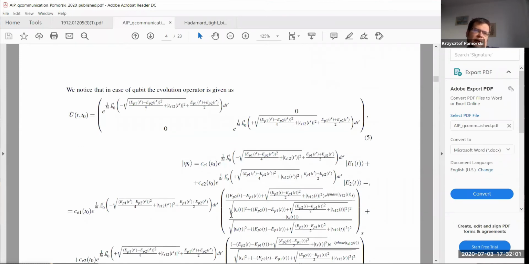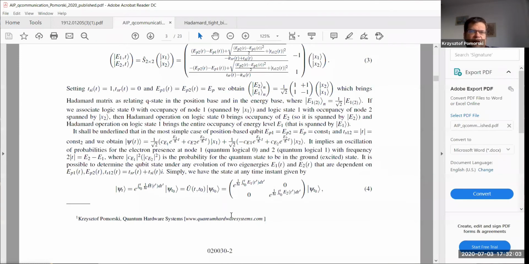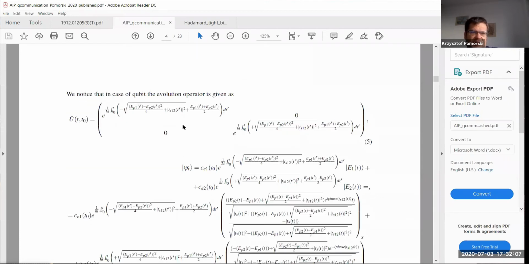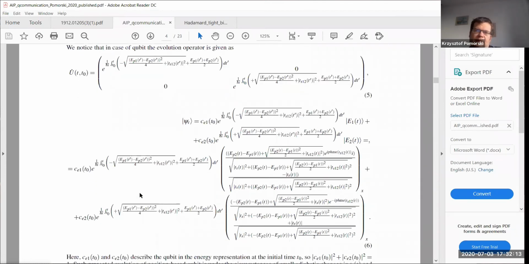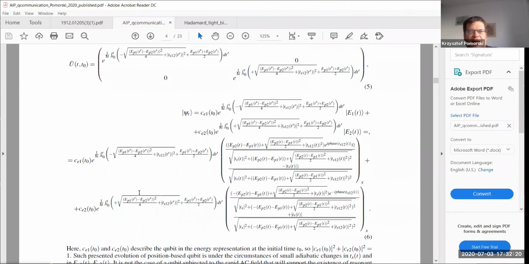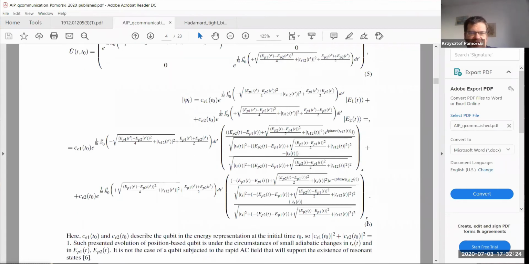All right. Then obviously we can also formulate this unitary matrix that describes the evolution of the quantum system. This is already a little bit nasty expression, number 6.